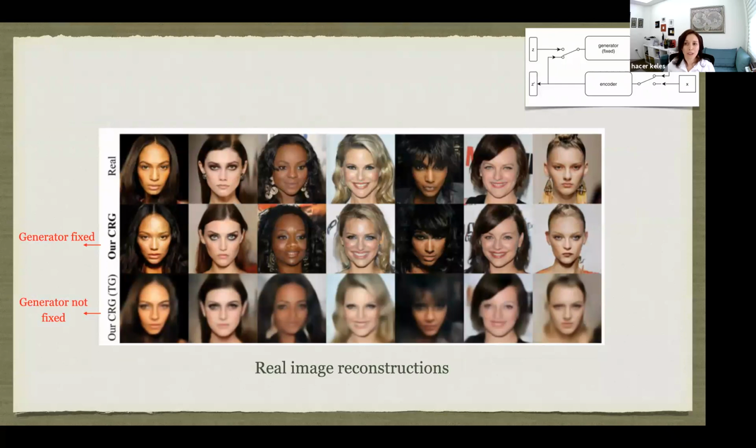Here you can see reconstructions of real images using our CRG architecture. On the top row, you see real images that our generator has never seen before. The second row shows the reconstructions when we fixed the generator during CRG training. And in the last row, you see the reconstructions when we also updated the generator parameters.